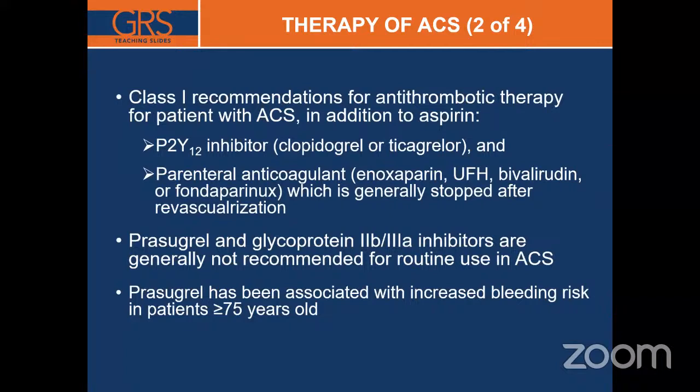Anticoagulants we use are enoxaparin, or unfractionated heparin, or bivalirudin, or fondaparinux. Prasugrel and glycoprotein 2B3A inhibitors are generally not recommended for ACS because prasugrel has been associated with increased bleeding risk.